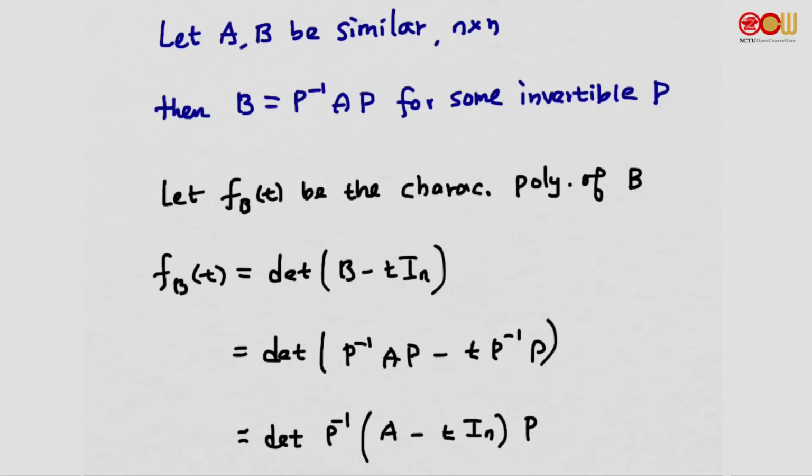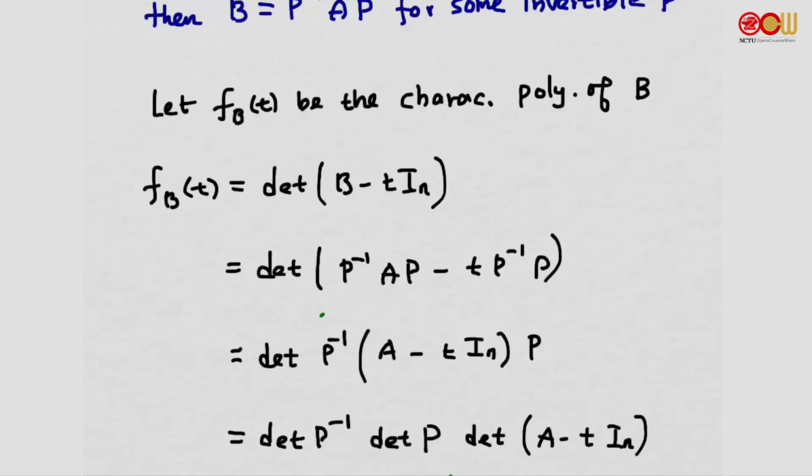Well, now what's so great about this? Because now we can pull out P inverse and P. And right in the middle, we are left with A minus t identity. Now we have the determinant of the product of three matrices.